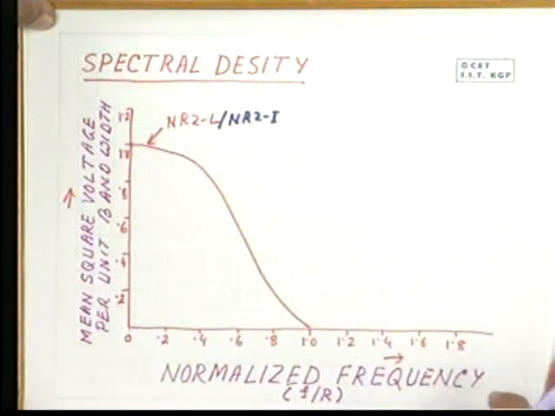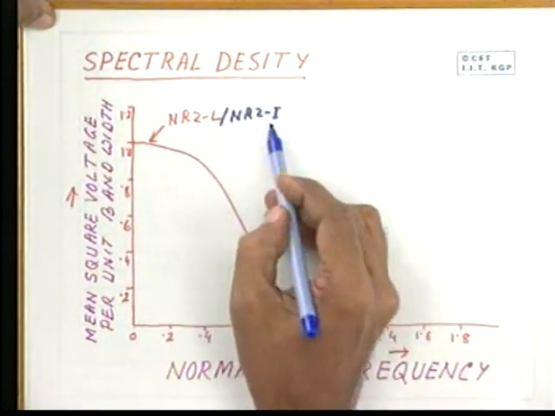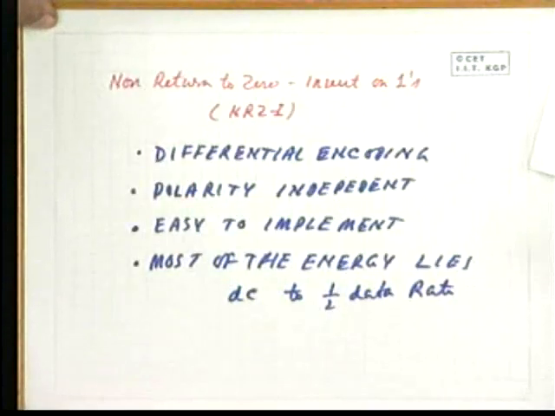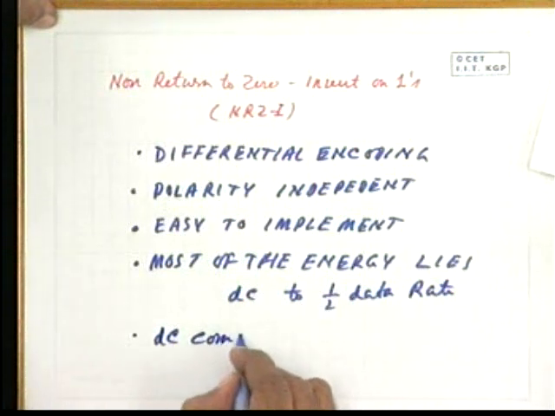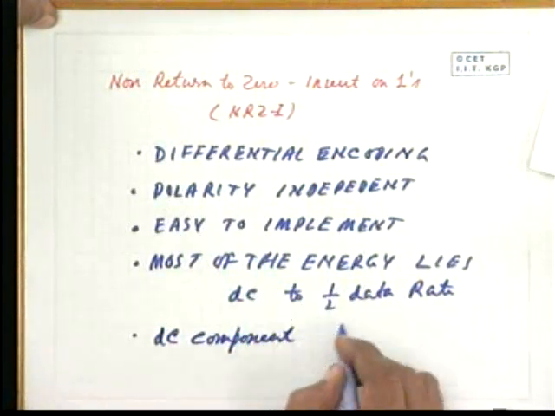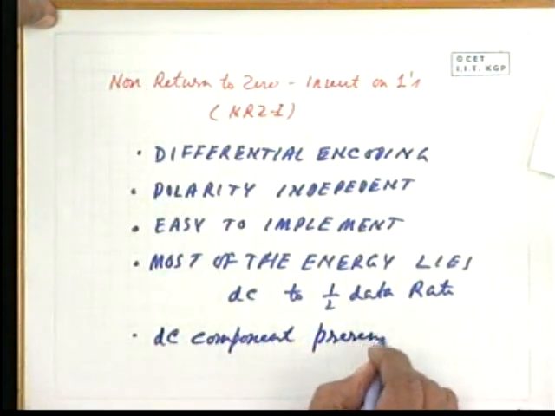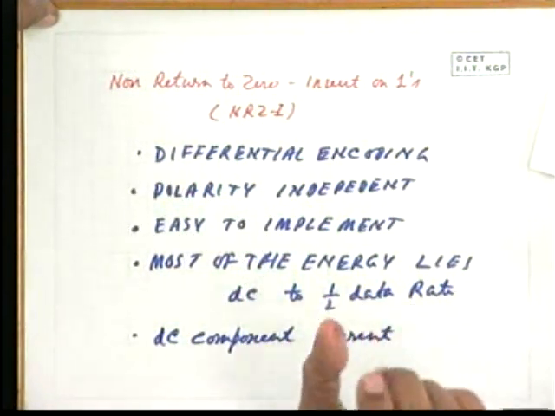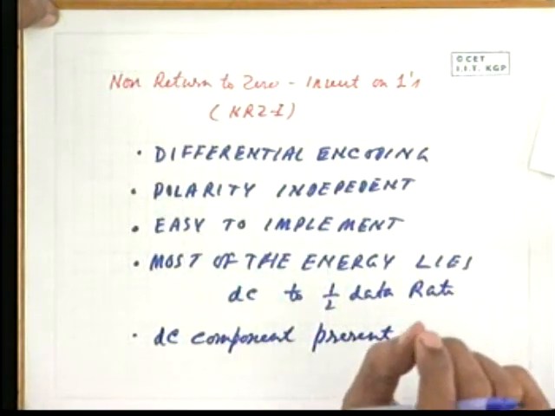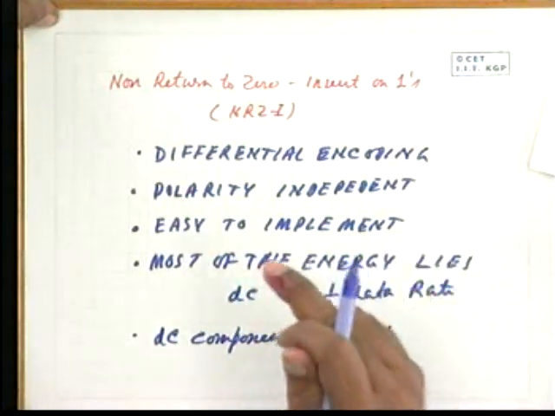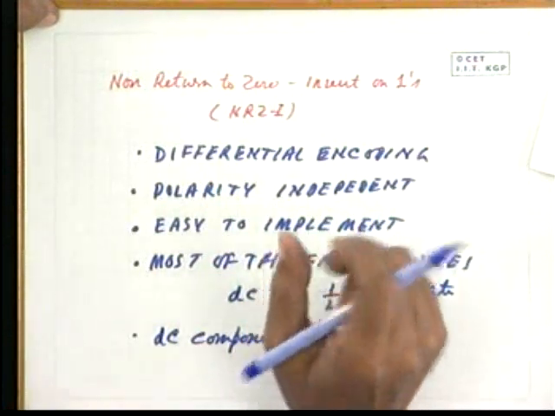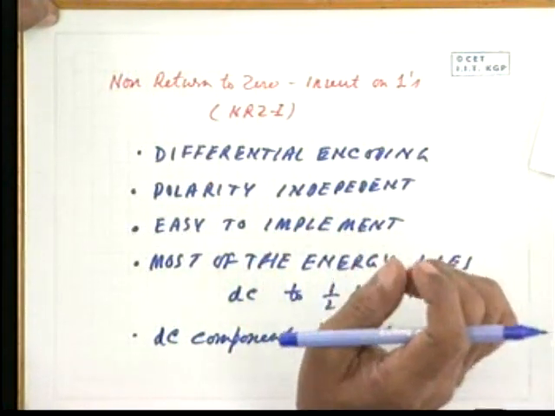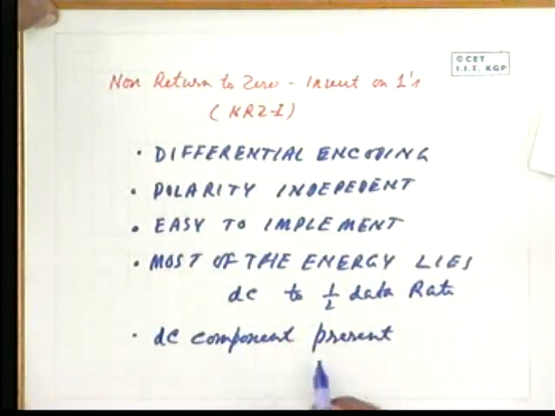So in case of NRZ-I, we find that there is a DC component present, which is disadvantageous because most of the communication channels or transmission media cannot transmit DC. We shall see that the bandwidth of the channel cannot pass DC. So DC component is a disadvantage.